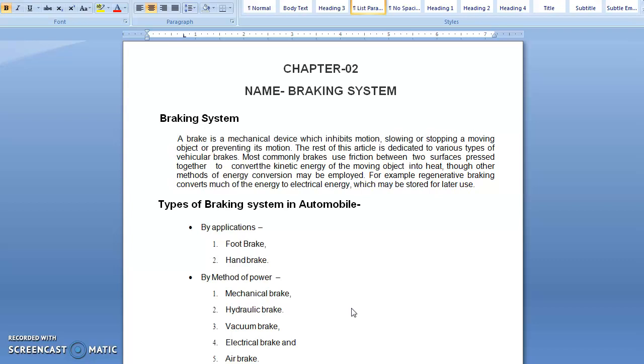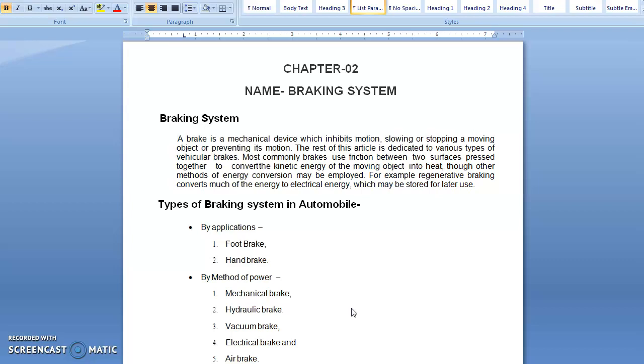The two things which are most responsible for an efficient braking system are good friction between the brake shoe and the brake lining, the brake shoe and the brake drum, and between the road tires and the road. That means a good brake means good friction between the drum and the brake shoe.